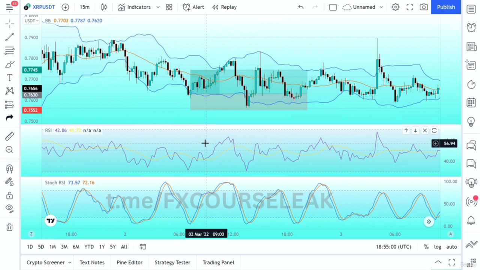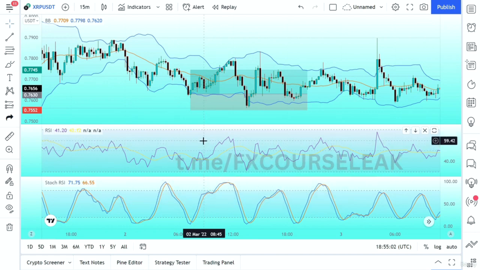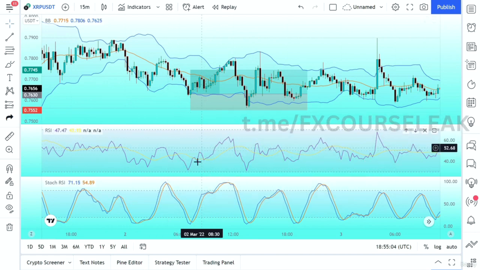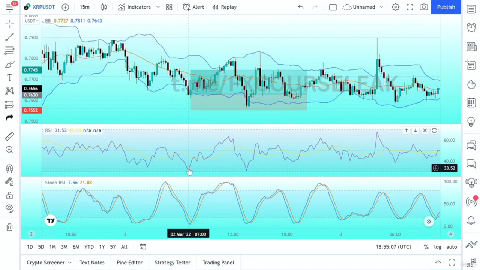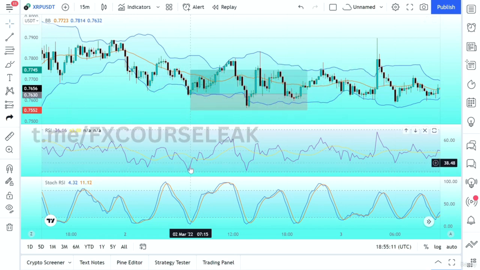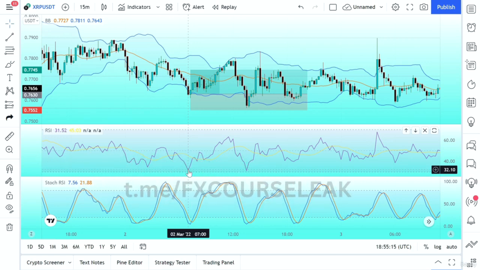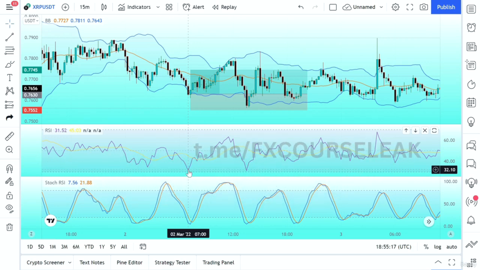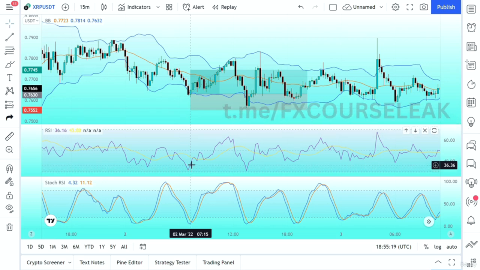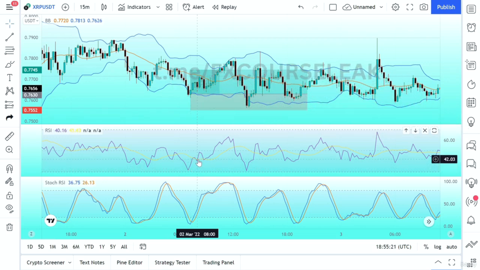The third concept on the basis of which we can exit from this trade is the simple RSI. For example, you entered into the trade when the value of the simple RSI was 30, let's say. So you can exit from this trade at 25 to 30 points of the simple RSI.